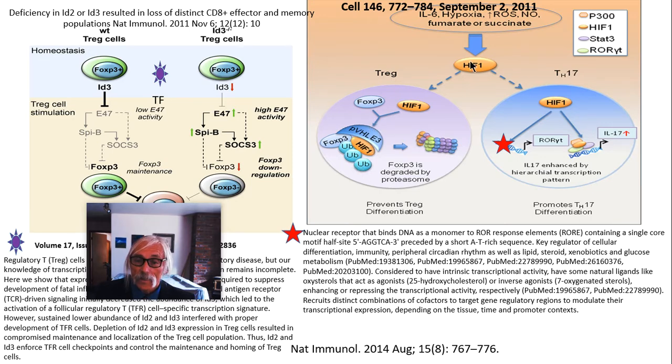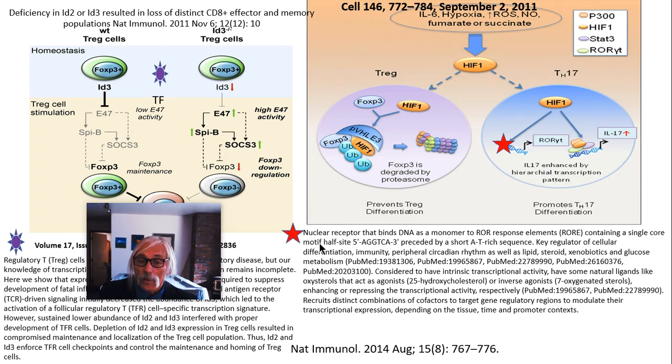When that happens, because of HIF1 generation, the hypoxia-inducible factor, because it was induced by hypoxia, low oxygen tensions, in the presence of interleukin-6, which again is a cytokine, or high reactive oxygen, high nitric oxide, and those two TCA cycle intermediates distal to the dehydrogenases, fumarate and succinate, you're going to start degrading FOXP3, and you're going to have a prevention of Treg differentiation, okay?